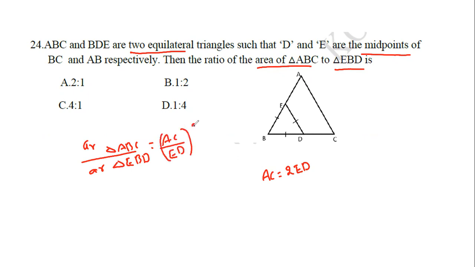Now substitute the values. AC is 2ED divided by ED whole square. ED gets cancelled. 2 2s are 4 divided by 1 1s are 1. So what is the ratio? 4:1. Which option is right? Option C is correct. Next sum.